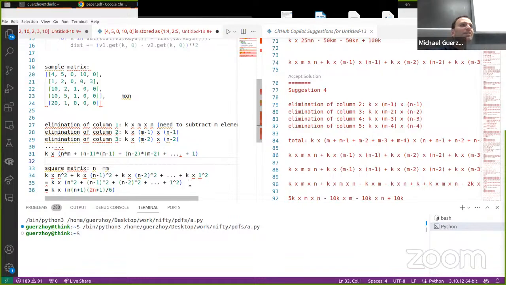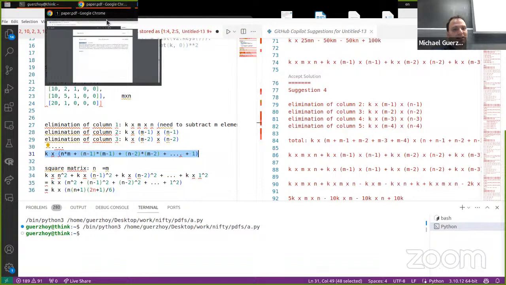Say again? No, line 30. Okay. In the solutions, it said that it's x squared times n.